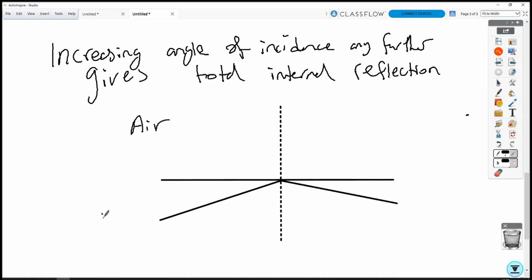So we've got air, water, angle of incidence, and then it becomes angle of reflection rather than angle of refraction. So here, this is total internal reflection.